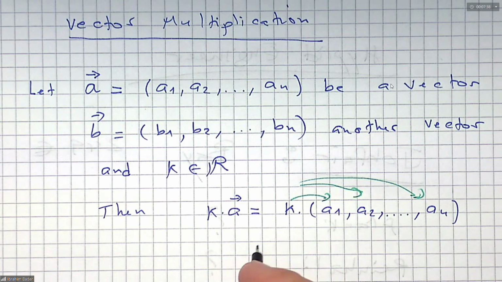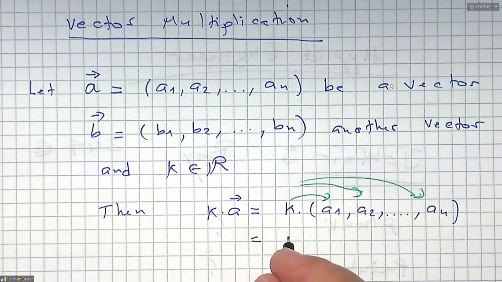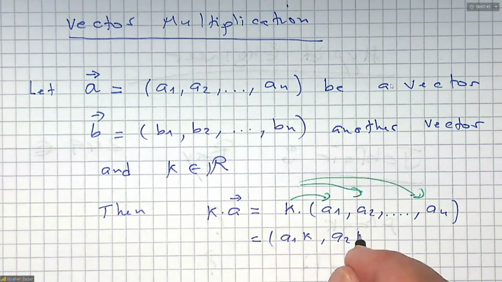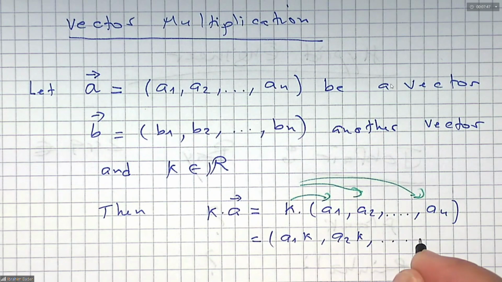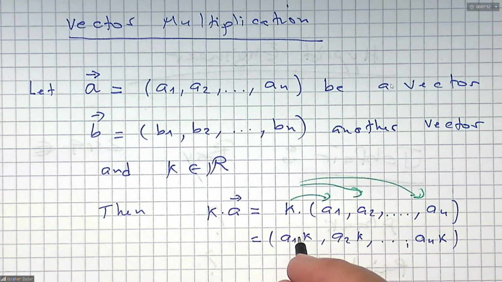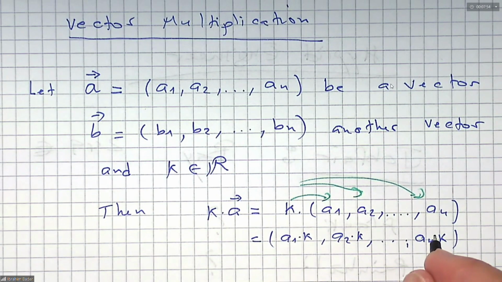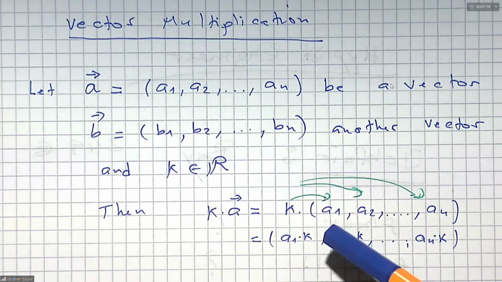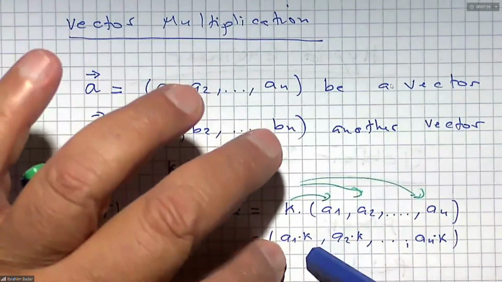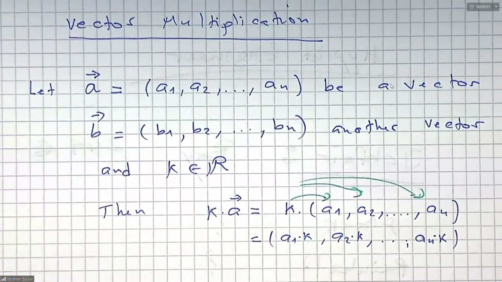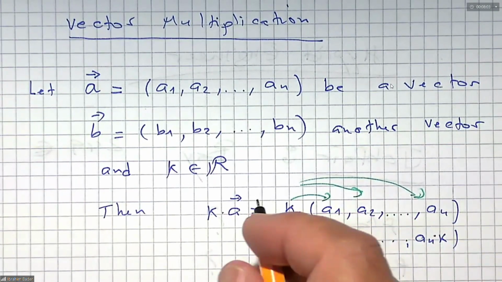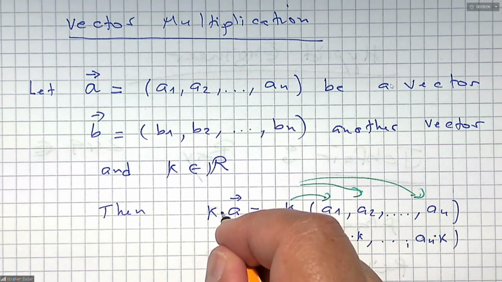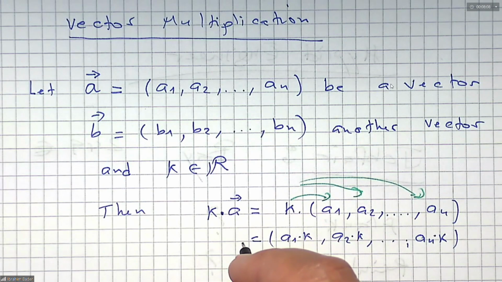So here you end up having A1k, A2k, and so on. And notice that this multiplication, maybe I just add a dot here, is a real number multiplication, because k is a real number, and A1, A2 up to An are real numbers. This one here is the multiplication of a vector with a scalar.